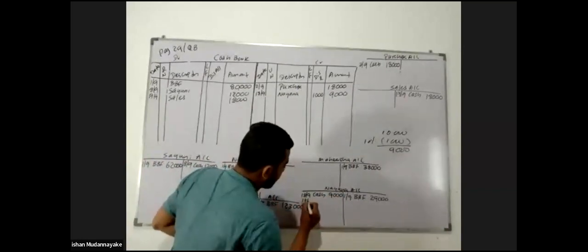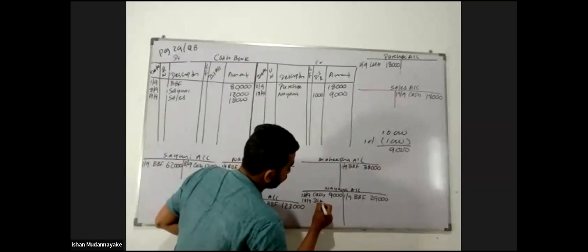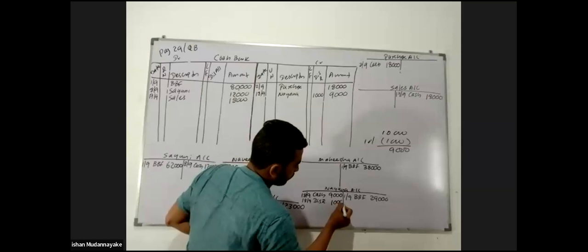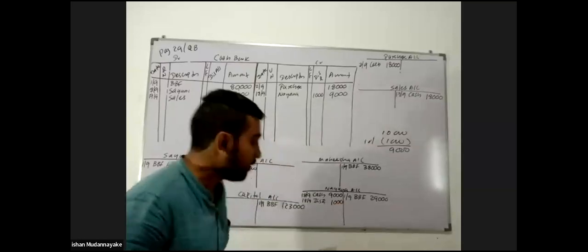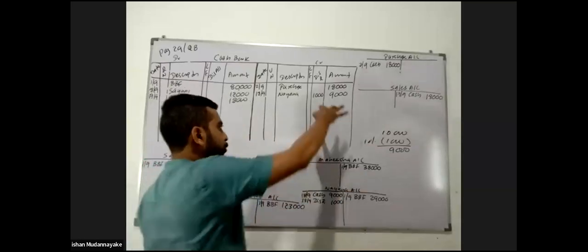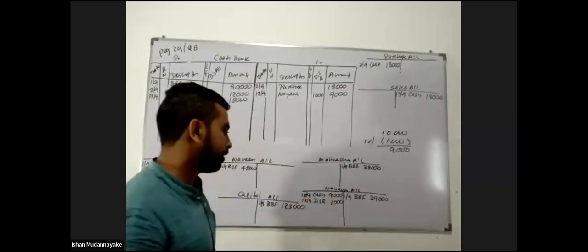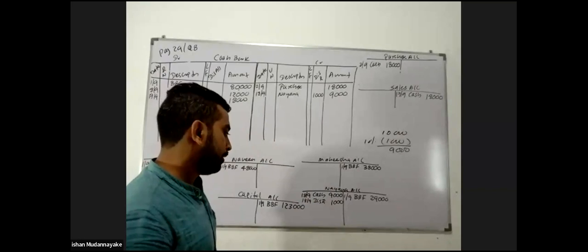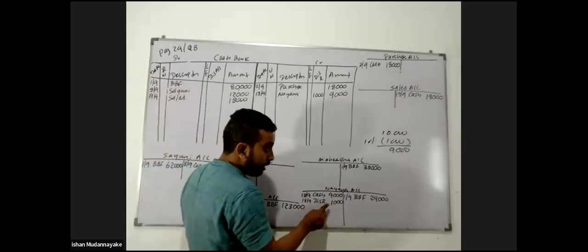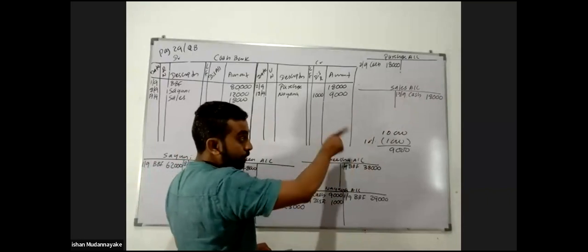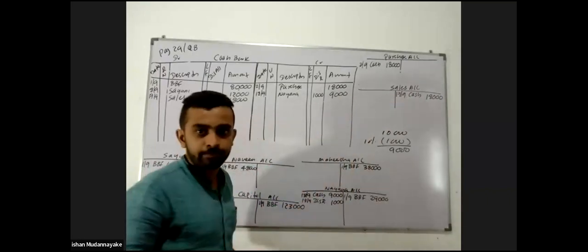And then again 18 September, discount received 1,000. Cash book credit, discount received account, Naina account debit. Later, the total amount of the discount received we will credit into the discount received account. Okay, right.